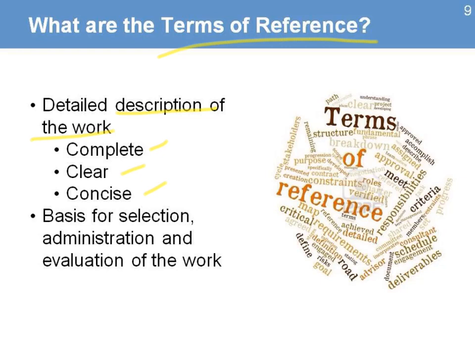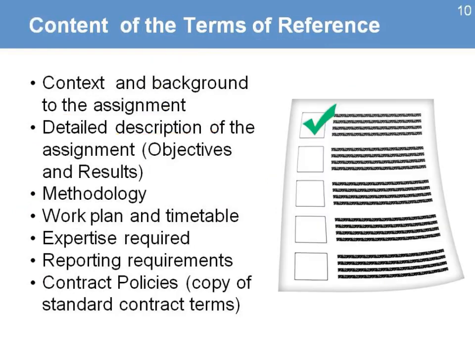The better the description, the more accurate the companies, the vendors are going to be able to provide you an estimate. It is also used as the basis for selection, administration, and evaluation of the work. So it's important that you spend the time that is needed to build good terms of reference. And they contain information that makes sure that it's complete, clear, and concise.